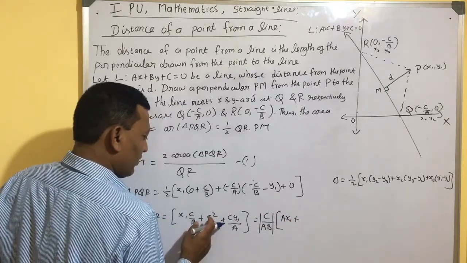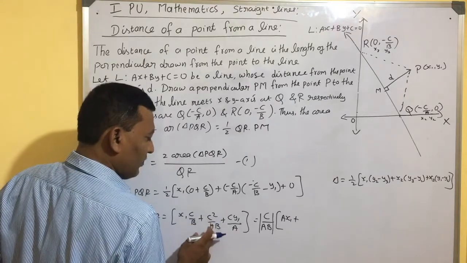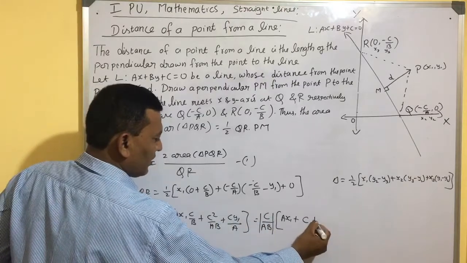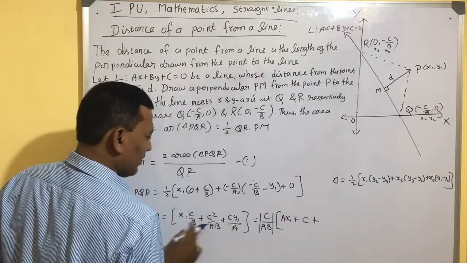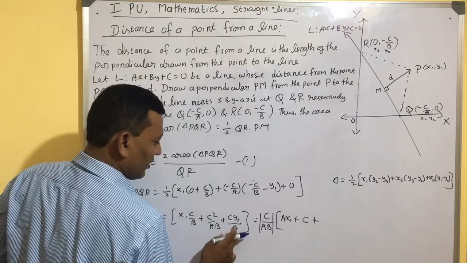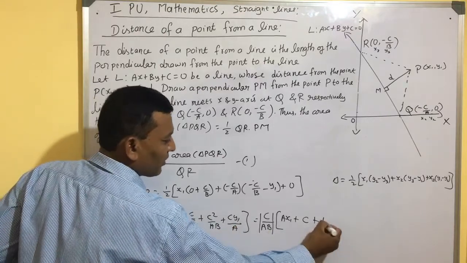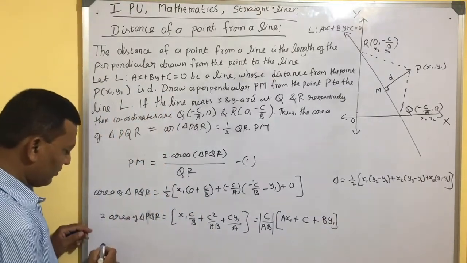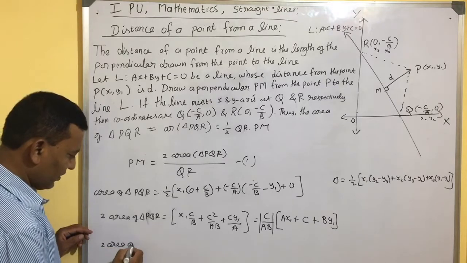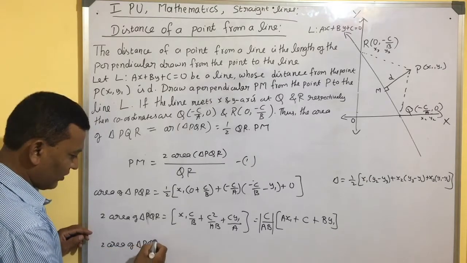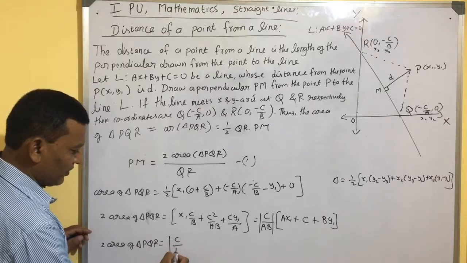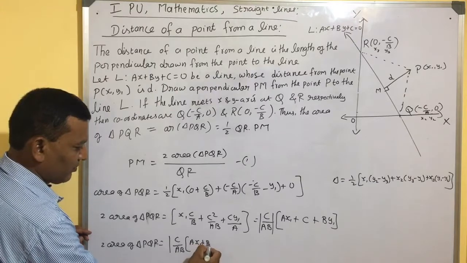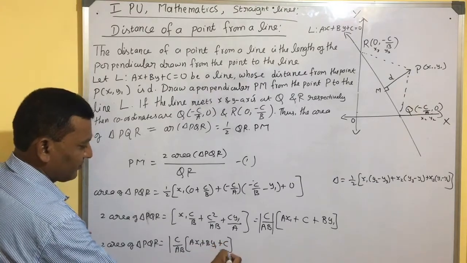Here c square we have taken c, so ab we have taken, so 1c will remain here, no problem, plus here 1c is there, we have taken that out, y will remain here, a we have taken in denominator, also we have taken b, there is no b, so we have to multiply with b, so this is by1. It means we got 2 times area of triangle PQR is equal to modulus of c by ab into ax1 plus by1 plus c.